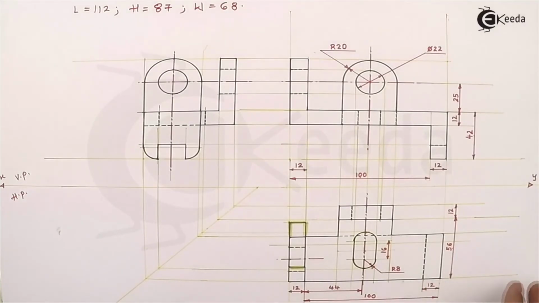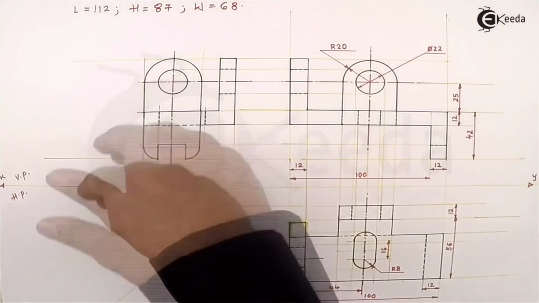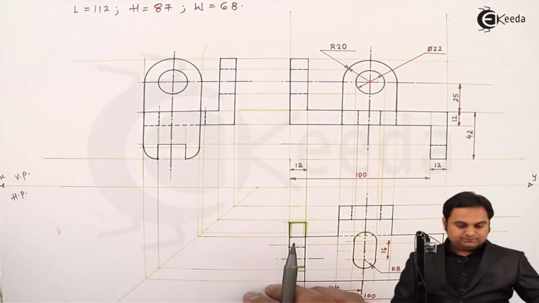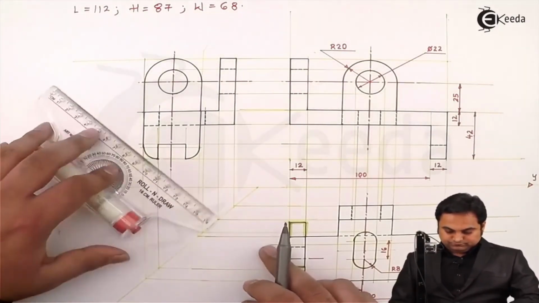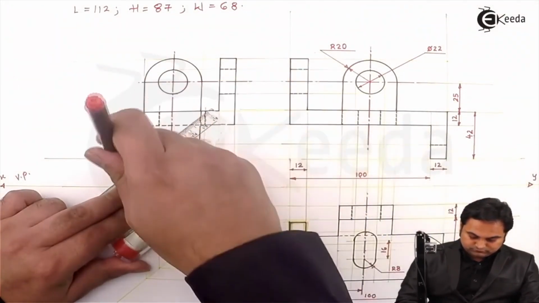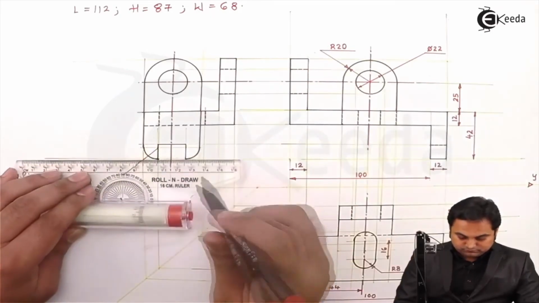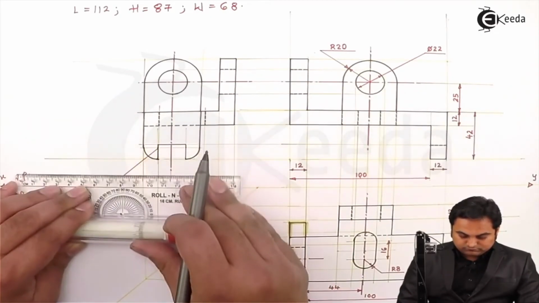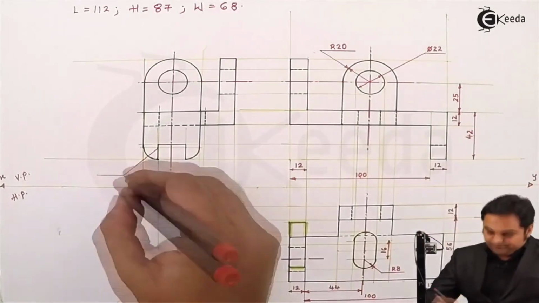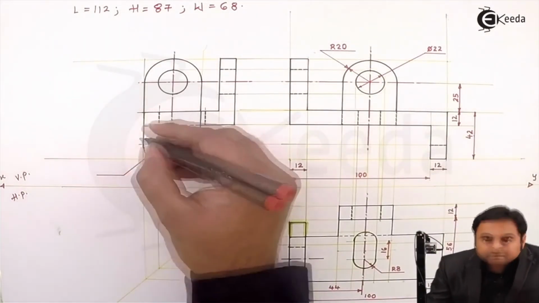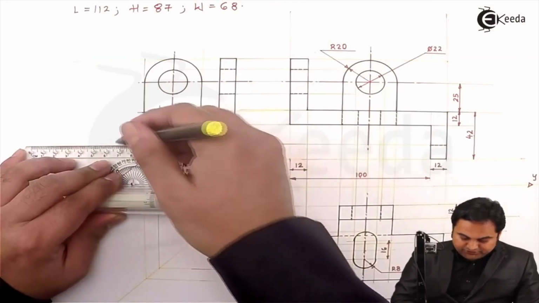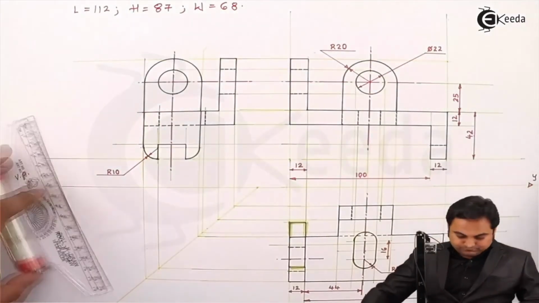After giving the dimensions to the top view, next proceeding to the side view, I'll start giving the dimensioning here. Here the radius is 10 mm, and the height of this cut is 12 mm.